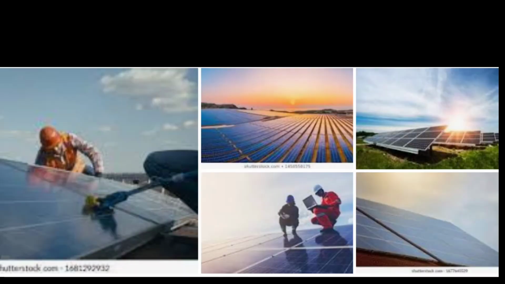The next important one we are going to see is solar energy. Solar means what? Sun. So, the sun is the first and foremost energy source that makes life possible on the earth. Solar energy is the only viable source of non-depleting nature.